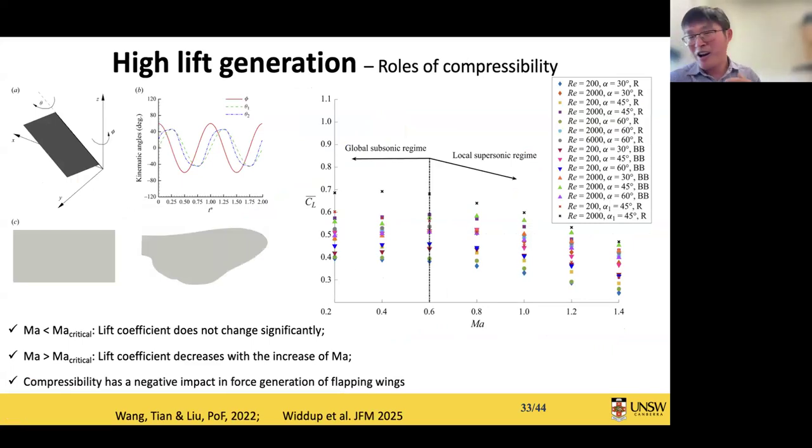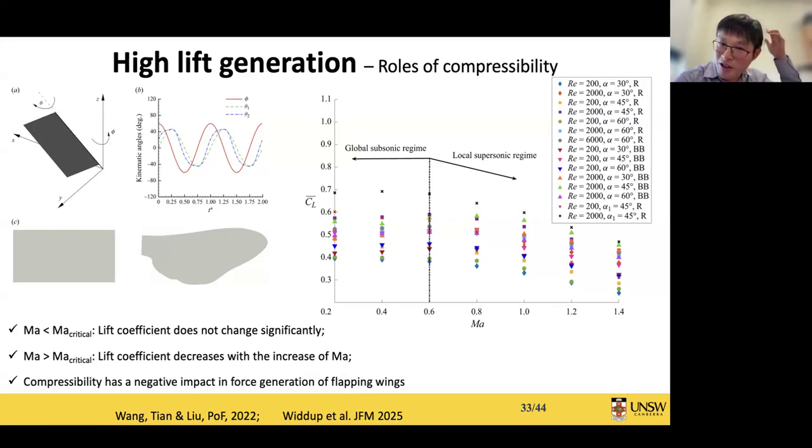When we go to high speed, we consider the roles of compressibility. For example, for similar flapping fins, we run them over Mach numbers from 0.2 to 1.4 and put lift together in this picture. From this picture, we can see that when the Mach number is less than 0.6, the lift doesn't change a lot.